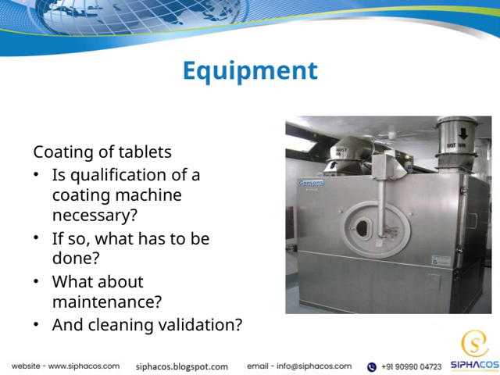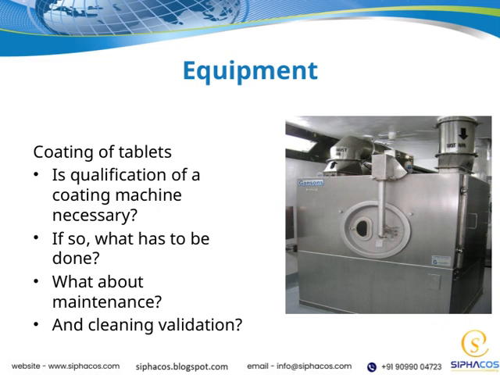These steps help confirm that the equipment performs as intended under actual conditions. Now, what about maintenance? Regular maintenance is essential to keep the coating machine in optimal condition. This includes scheduled inspections, preventive repairs, and ensuring all parts are functioning properly to prevent any deviations during production.